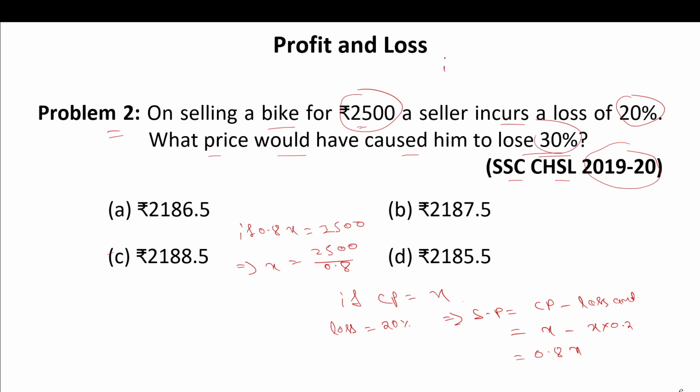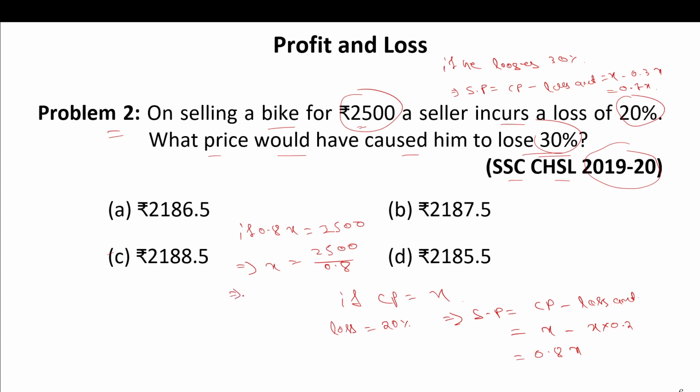Okay, so if he loses 30%, this implies that the selling price would be the cost price minus the loss amount. So this will be x minus 0.3x, because the conversion of this percentage 30 to decimal form will be 0.3, so it is equal to 0.7x.